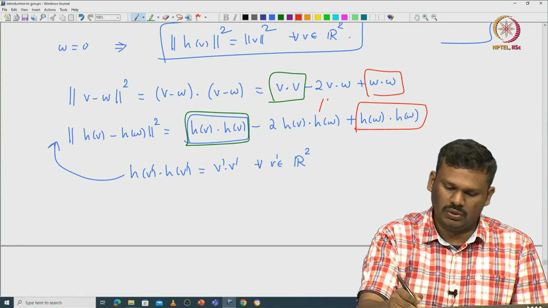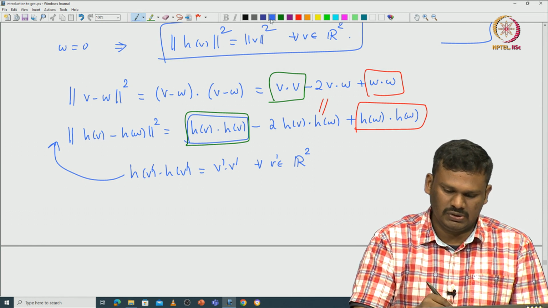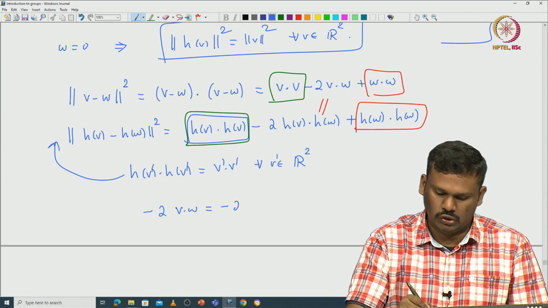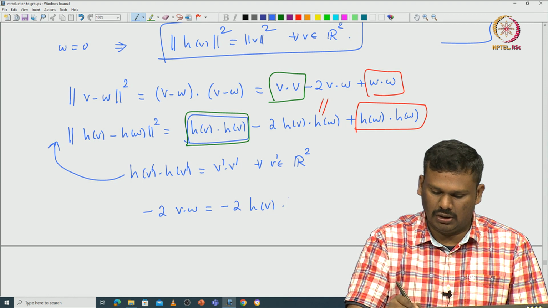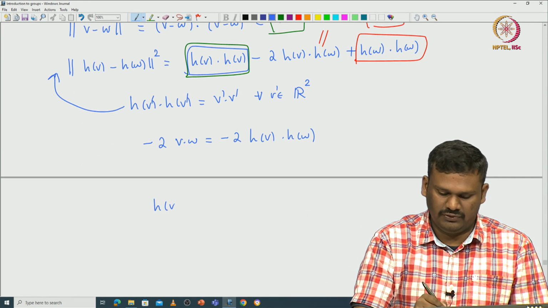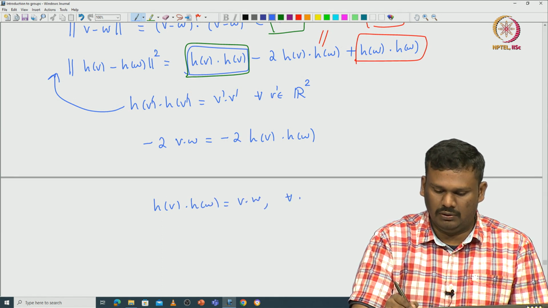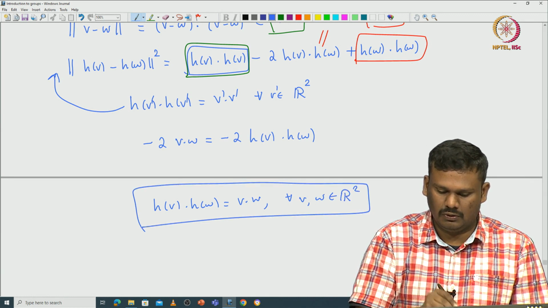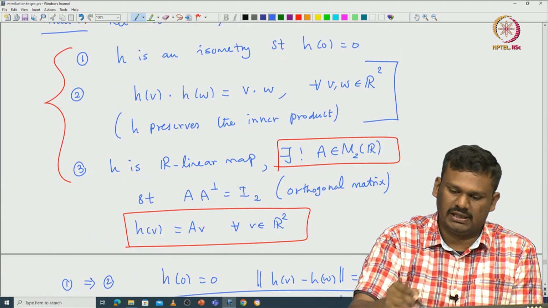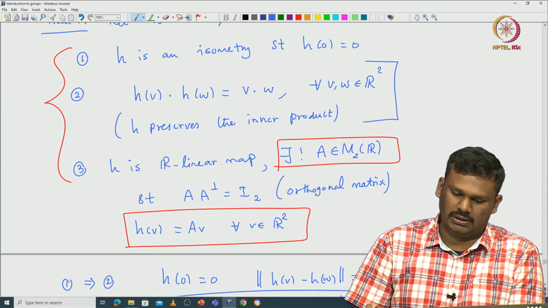Because these two are equal, from this you see that minus 2 times V dot W is the same as minus 2 times H of V dot H of W. So, by cancelling you get that H of V dot H of W equals V dot W for all V, W in R 2. Okay. So, that is what the second condition says: H preserves the inner product.